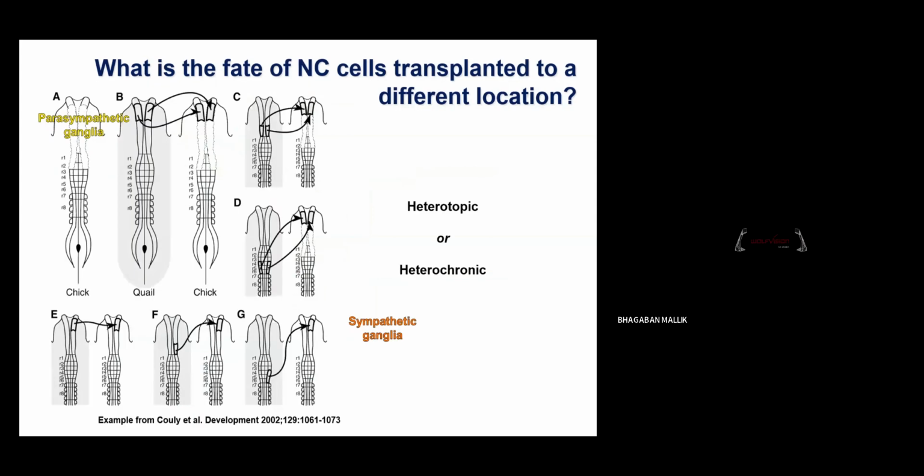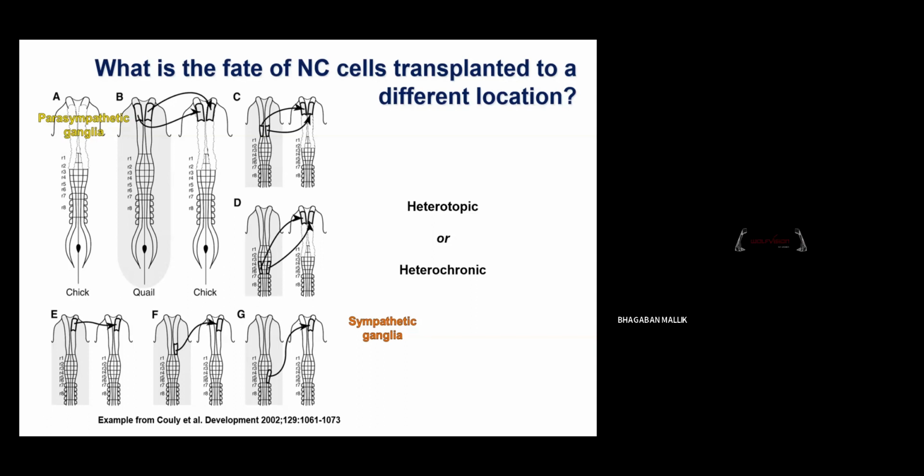Okay, so more experiments have been done in chick and quail. Here again the parasympathetic. These are different species, chick and quail. So this is transplanted from quail to chick, chick to quail. Then this is the sympathetic, this is the parasympathetic region, and they want to know whether from different species there is any kind of change. So again they have transplanted from this to this, from this to this.